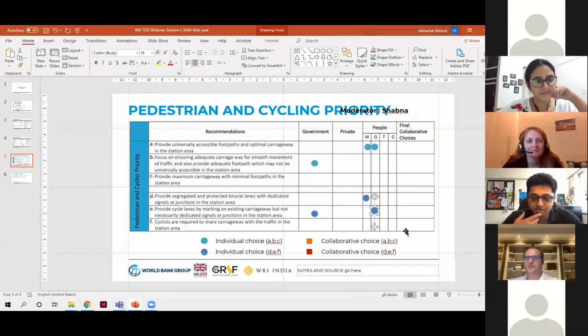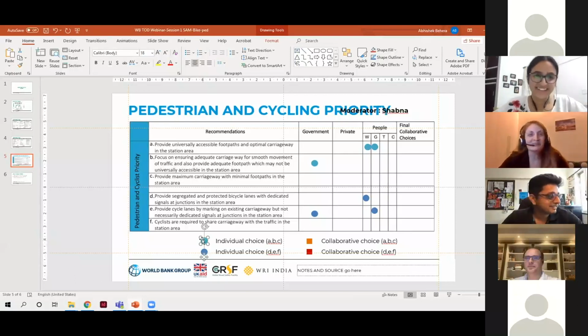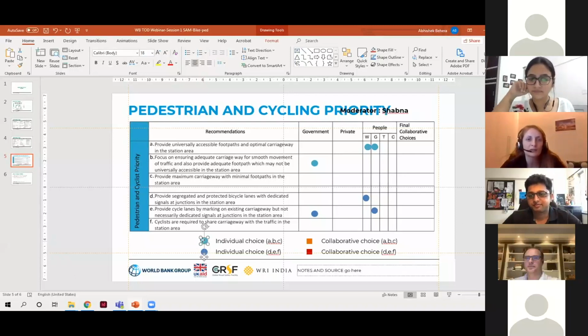We have a teenager on a cycle. Yes, that would be me. It's really funny because I don't know how to cycle, but being a teen on the cycle, I feel I'm the most exposed to road crashes. My age group is actually the number one age group being killed in traffic crashes. So I definitely need a universal access footpath and optimal carriageway in the station area, because I want to be able to move my bicycle between metro and MRTs and whatever public transport I might choose.